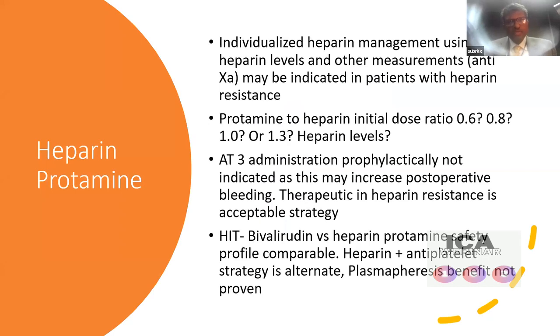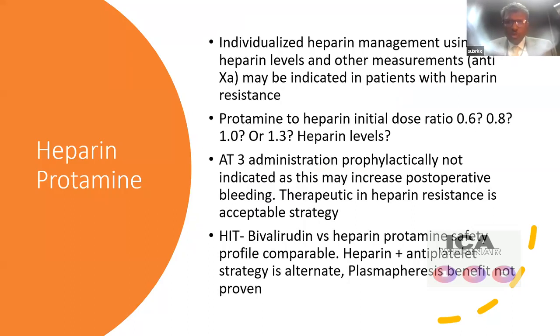Individualized heparin management, does that have a role? It's not clear. We always use ACT to titrate heparin. Is anybody using heparin levels to titrate, or will it have an impact on transfusion? It's not yet clear. But what is clear in cardiopulmonary bypass cases is you use very, very little protamine to reverse heparin.